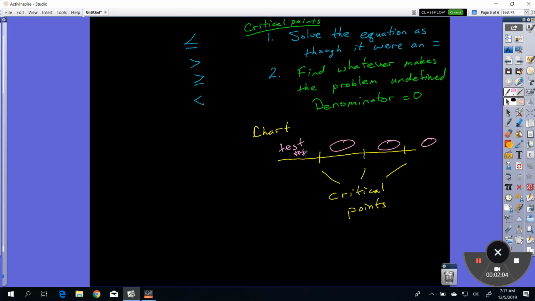So we'll create our chart with our critical points. We choose test numbers. You can choose any number you want from within that region. So I always try to use the smallest numbers that I can. And once we have our test numbers, plug our test numbers back into the original equation.